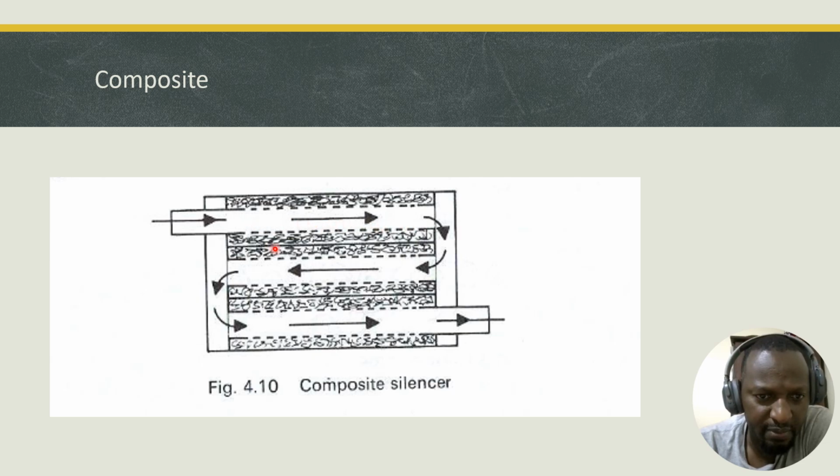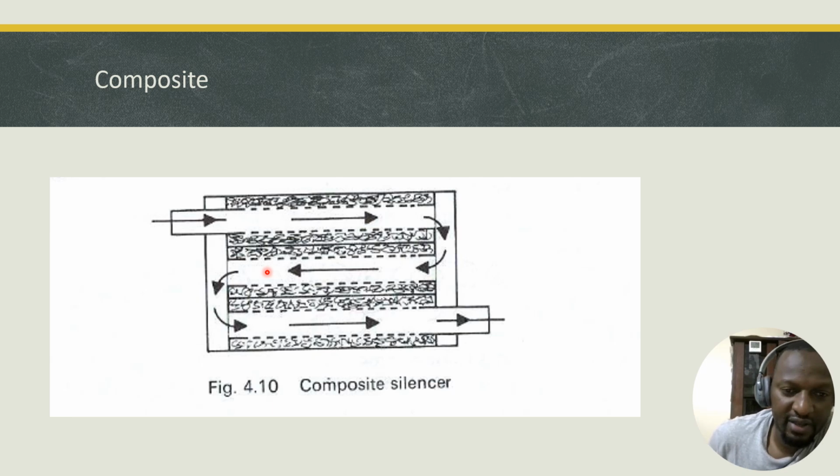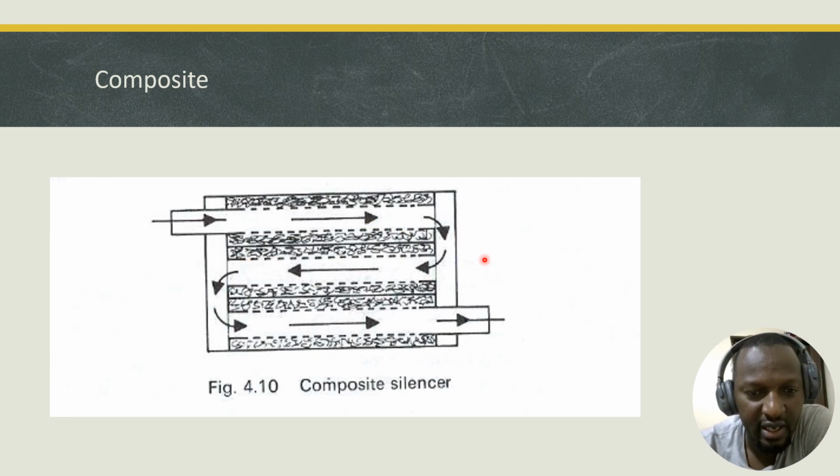You have the perforated pipe and the absorbing material, but then we decide to add another column of an absorption silencer, and lastly we have a third column. So by having the three columns, we're also increasing the length that the exhaust gases take, and giving them a chance to absorb. So this makes it more efficient and makes the engine quieter.